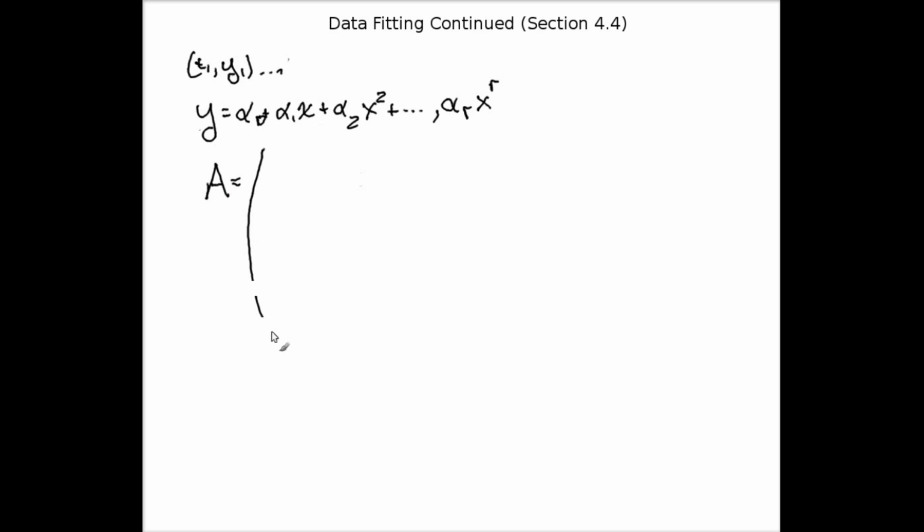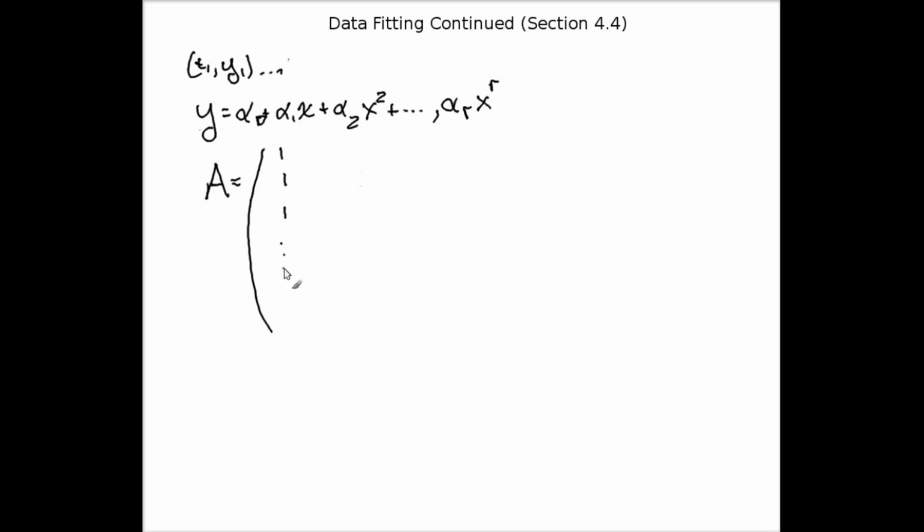Well, it's pretty obvious what the general formula is now. If you are trying to fit a bunch of data, T1, Y1, and so on, and you're trying to fit it with a curve of the form alpha 0 plus alpha 1 x plus alpha 2 x squared plus ... alpha r x to the r, for any r, the matrix that you use is A. Looks like this.